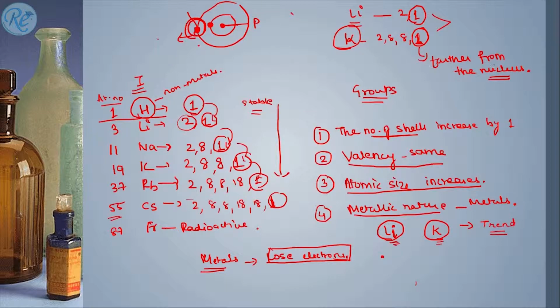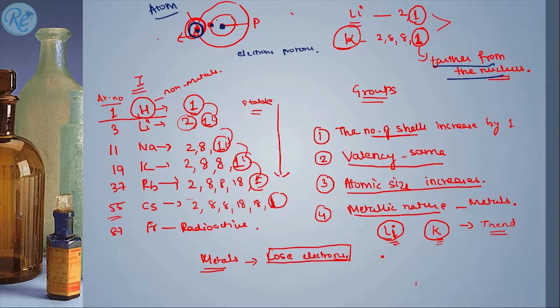Now you will understand this from the basic structure of the atom. Atom has protons in the center and electrons are distributed in the shells. Now of course for this element it is easier to lose this electron because it is farther from the protons, and because there is an electrostatic force of attraction between electrons and protons.